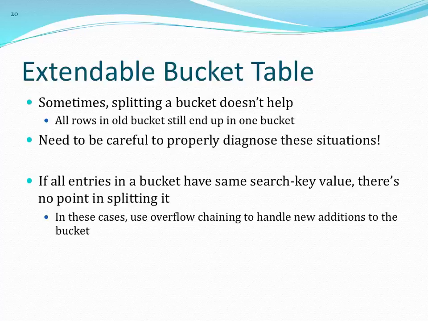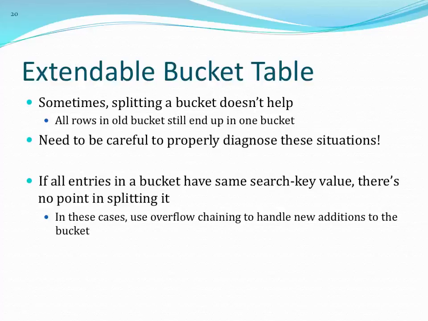You store a little extra information in the bucket to pre-check whether splitting will benefit you, and if it won't, you fall back on overflow chaining.